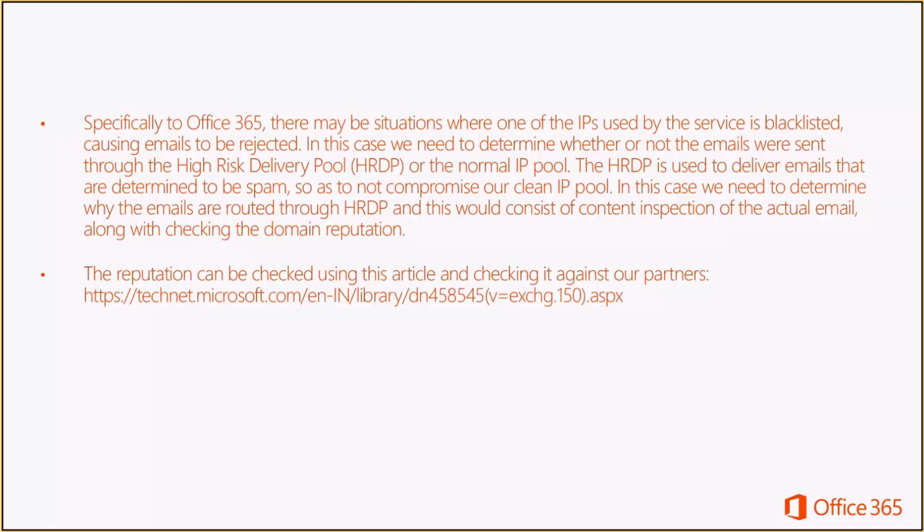This pool of IPs is specifically created to route all bad mail, or all emails that EOP detects as being spammy, through it, in order to not risk compromising our clean list of IPs. If a sender or a tenant is sending emails through the HRDP, there is no point in trying to delist those IPs, because they are specifically created for this reason, and we need to understand why these emails are routed through the HRDP.